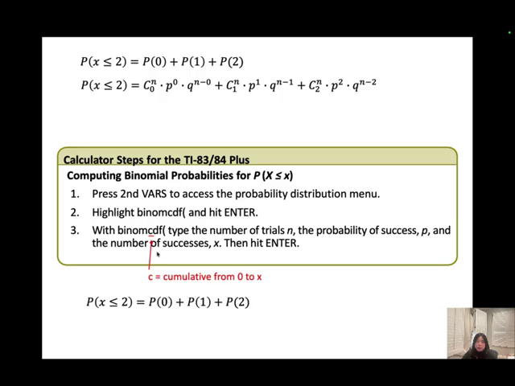So we can use the binom CDF, n and p, until 2. Okay, one more time. The C here means we are looking for the probability cumulative from 0 to x. So that will be putting the 2 in here.